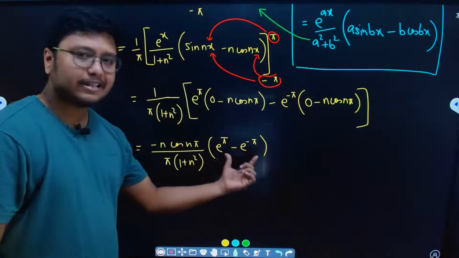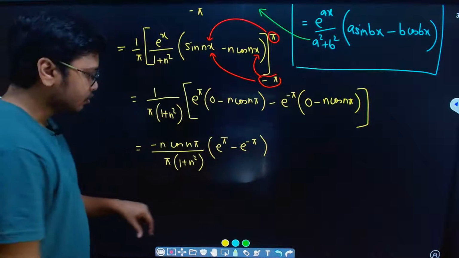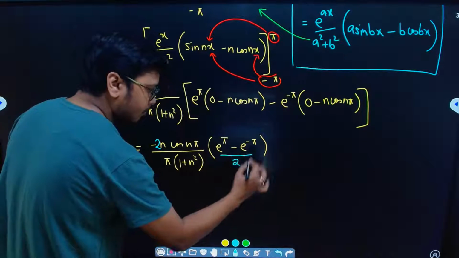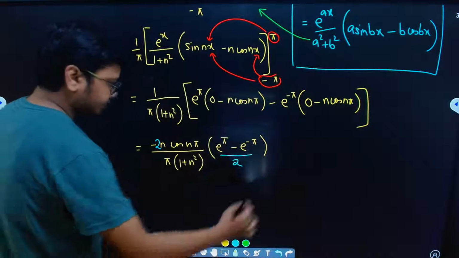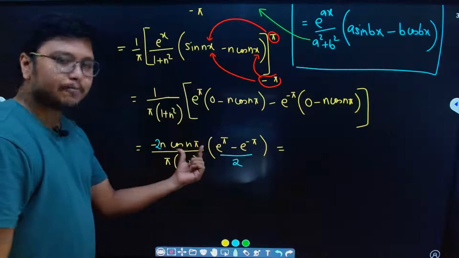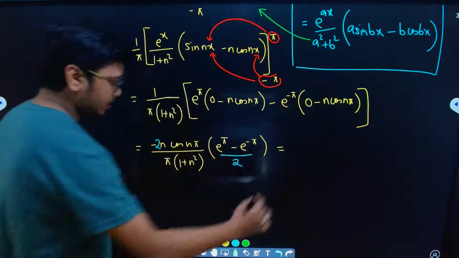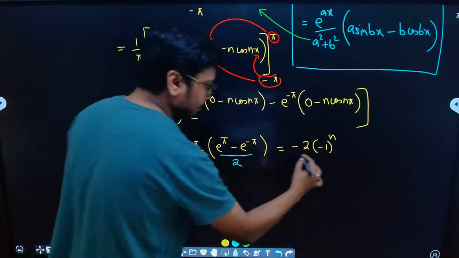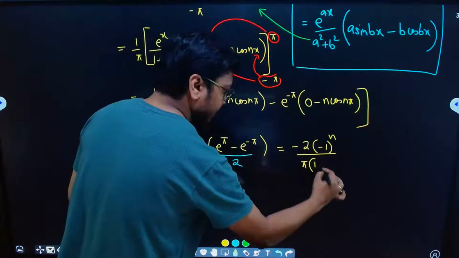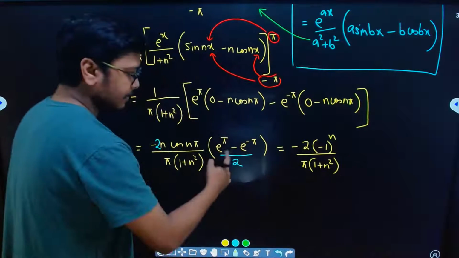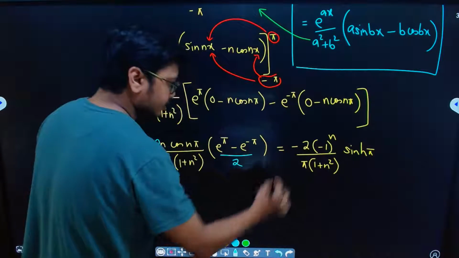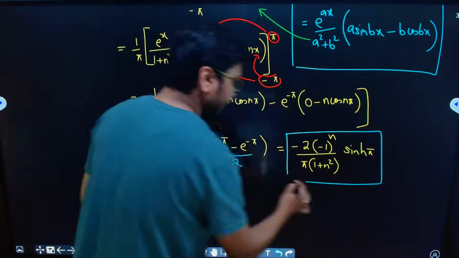And again I can bring this down to sine hyperbolic. So for that I will require 1 by 2 over here and 1 by 2 over here. And cos n pi value is minus 1 to the power n. So minus 2 into minus 1 to the power n by pi into 1 plus n square, and this value is sine hyperbolic pi. So this is my value of bn.